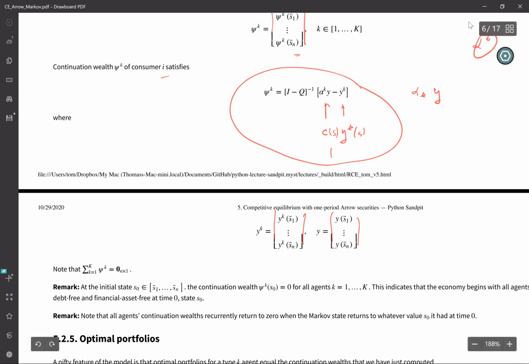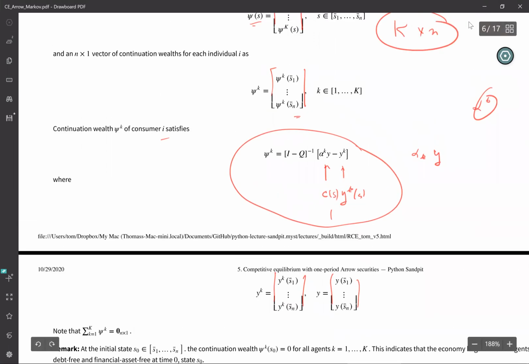And we're going to require, actually, if you check this out, this implies this inequality, that if we have a feasible allocation, continuation wealths sum to zero.